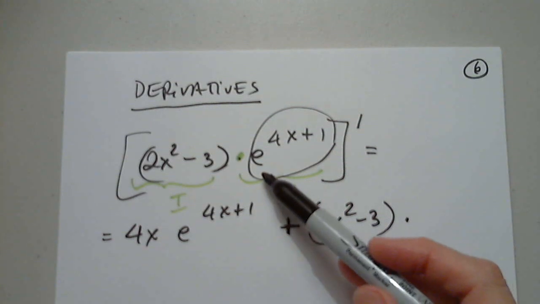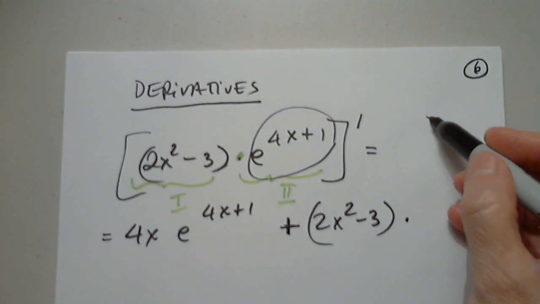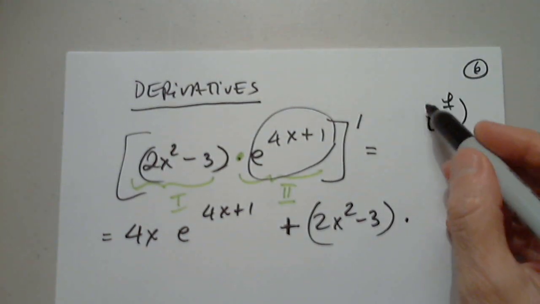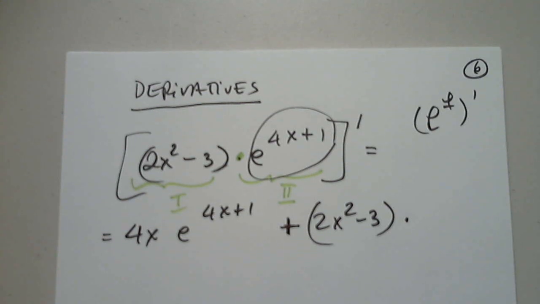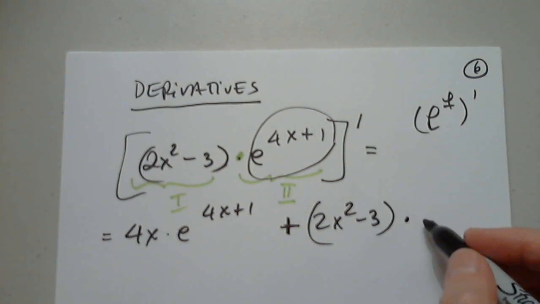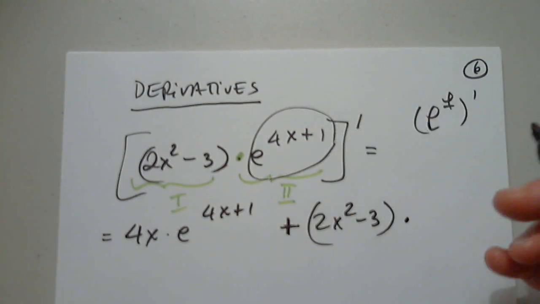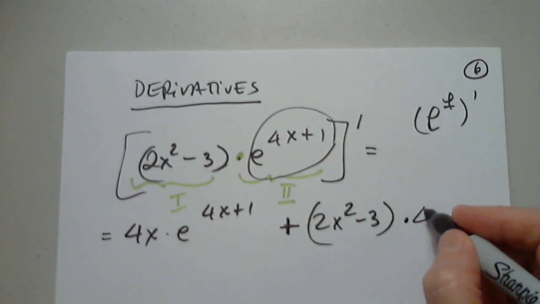How do we differentiate e to a function? E to a function prime. Anyone remembers, please? Is it 4e? Yes, it's e to 4x plus 1 times the inner function prime, which is 4.